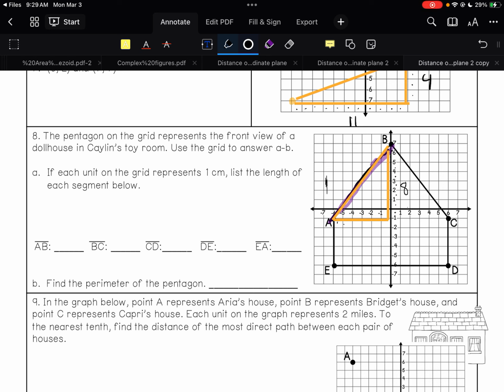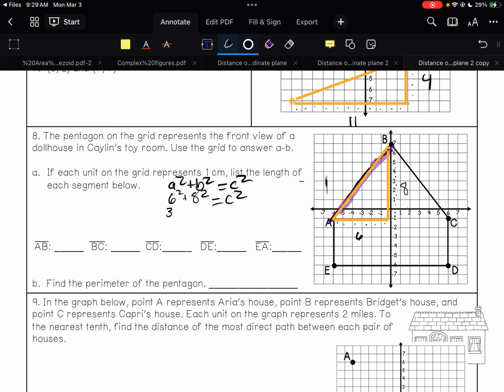And 1, 2, 3, 4, 5, 6. So if I do A squared plus B squared equals C squared, I get 6 squared plus 8 squared equals C squared.